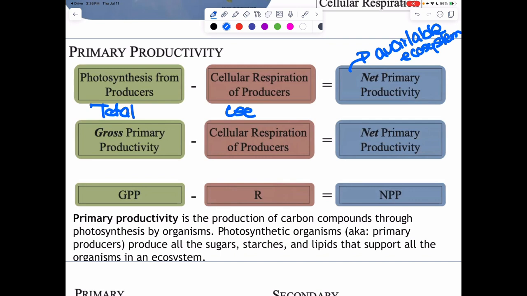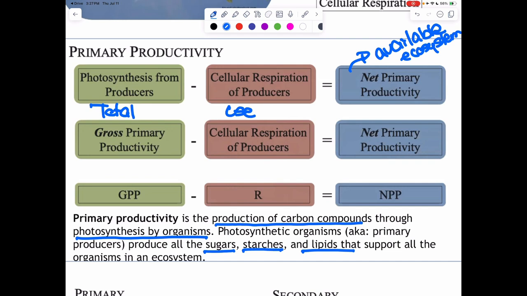Wonderful. So just to recap, it is the production of the carbon compounds through photosynthesis. Most importantly, they're producing all the sugars, starches, and lipids that support all the organisms of the ecosystem. It's all coming from these primary producers.